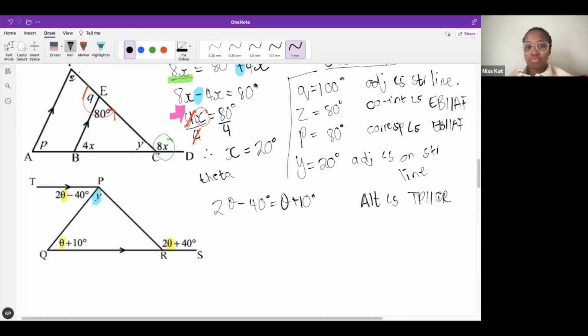Two theta plus theta. Remember, we're moving it. If it was a plus, it becomes minus, negative theta.